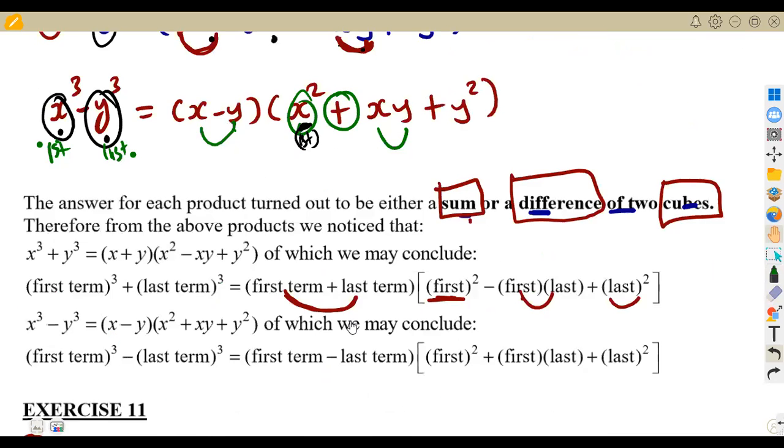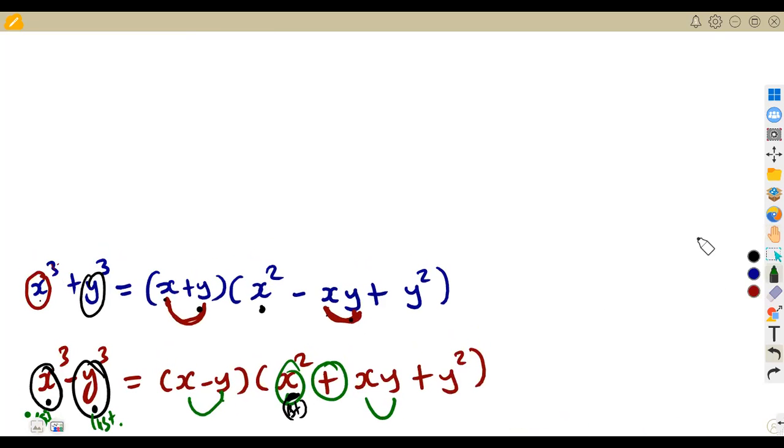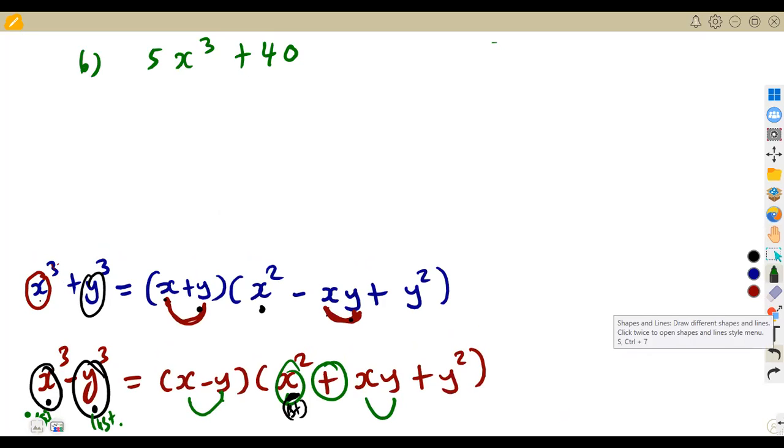That's question number 6, 5x to the exponent of 3 plus 40 in this case. If you're someone who knows your cube values, which one is a cube, which one is a square, which one is not, you can properly see that this here is not a cube.